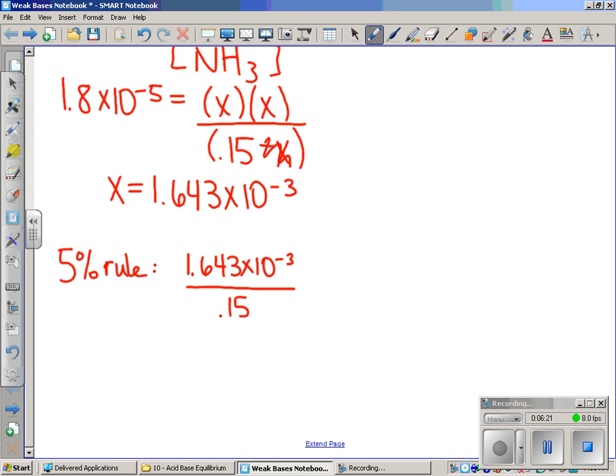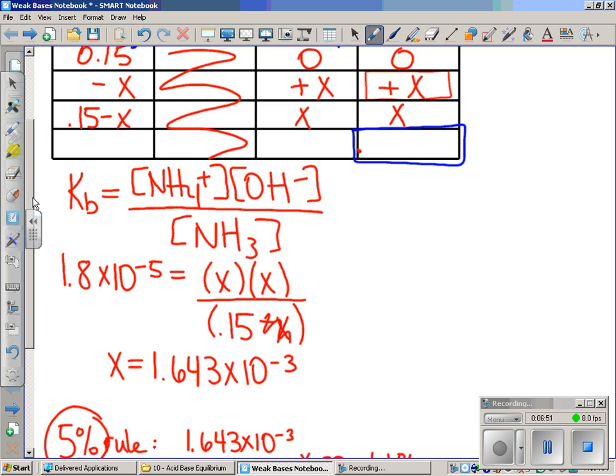If I plug that into my calculator, 1.643 e to the negative third divided by 0.15, and then times 100, so it's percentage, you end up with about 1%. That's the percent ionization, by the way. Because this thing only ionized 1%, we're good. As long as it's less than this 5%, then our assumption of using the trick was valid.